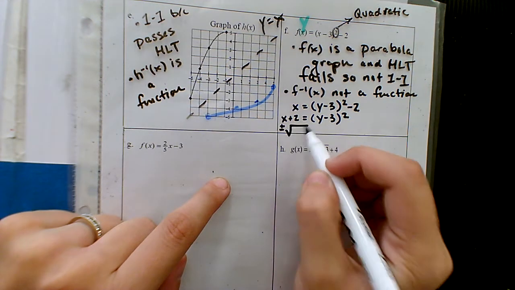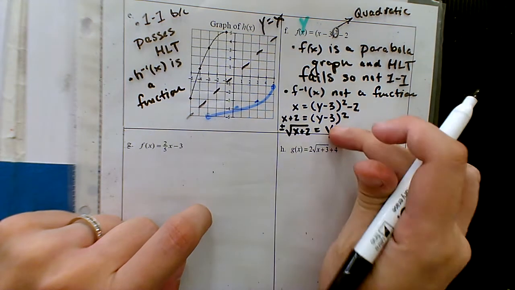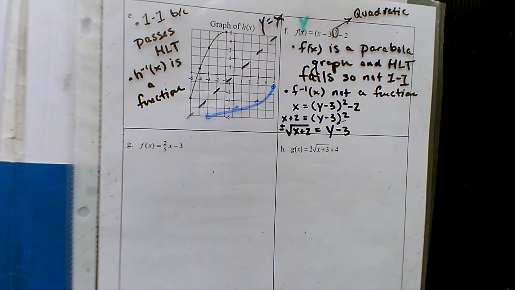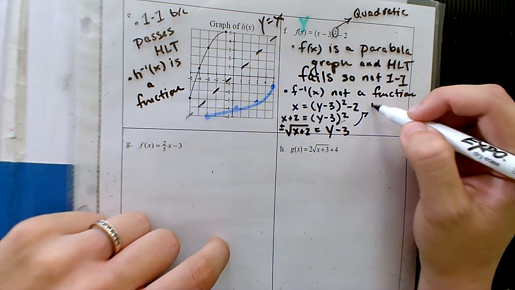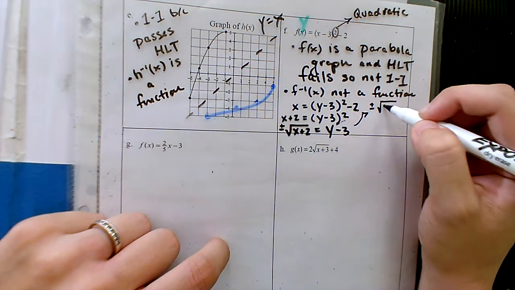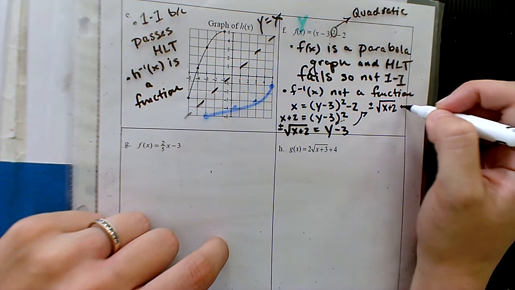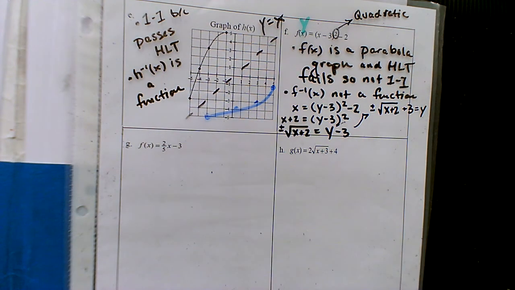So this would be plus or minus the square root of x plus 2, and that would be y minus 3 we're left with on the right-hand side. Lastly, add the 3 over. So we'll have plus or minus the square root of x plus 2, and then after that, we add the 3. There's our equation for the inverse.